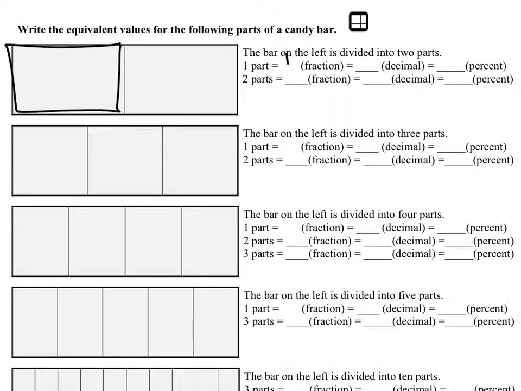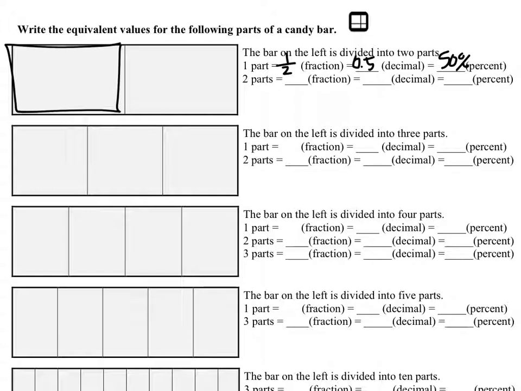Now the fraction would be 1 out of 2 parts for that. And the decimal for 1/2 would be 0.5. Now that's just a common decimal. We may or may not need to do the work. If we do need to do the work, we'll show that later, all right? And then the percent on that would be 50%.